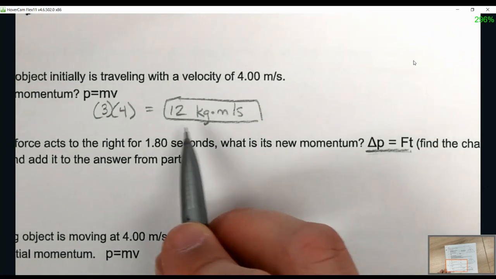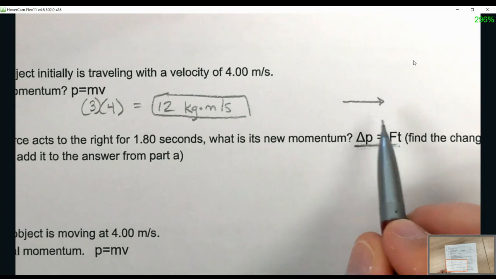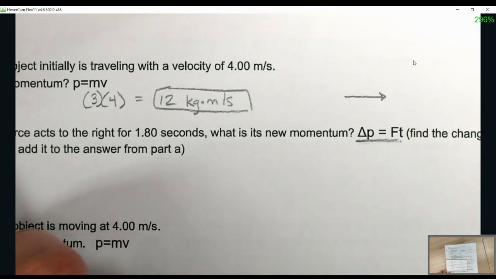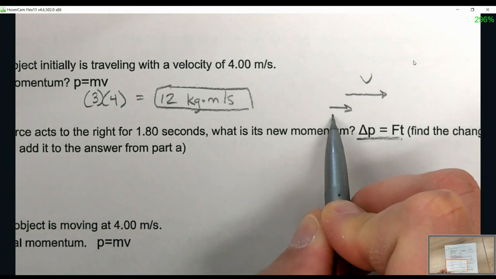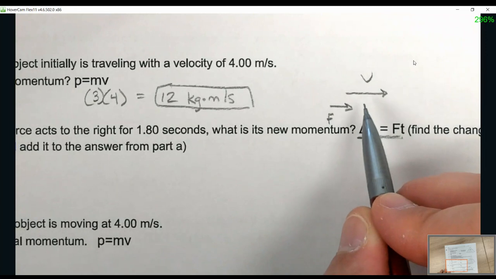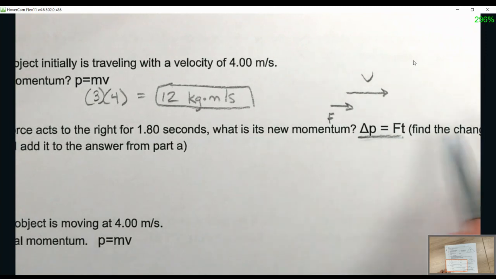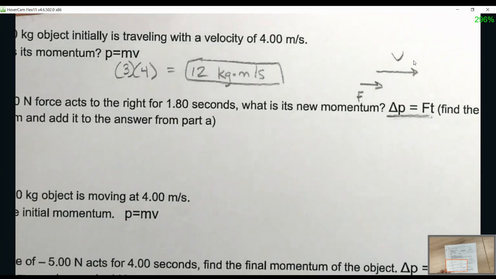So right now, the object's moving at 12. Let's just say it's a little kid on a tricycle, and it's moving to the right. Your force, you're also going to now push on the object to the right. So it should make sense that this thing is going to wind up increasing its momentum, because if you push on it in that same direction, it should speed up. We just got to figure out by how much.